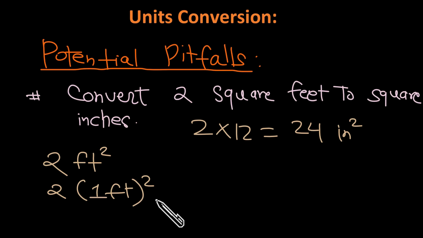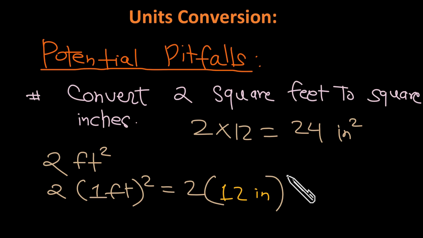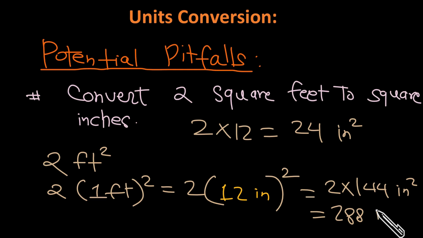So when you convert from feet to inches, you'll also have to square the conversion factor. Watch. 2 times 12 inches squared. That's 2 times the square of 12, which is 144 square inches. That's 288 square inches, which is the right answer.